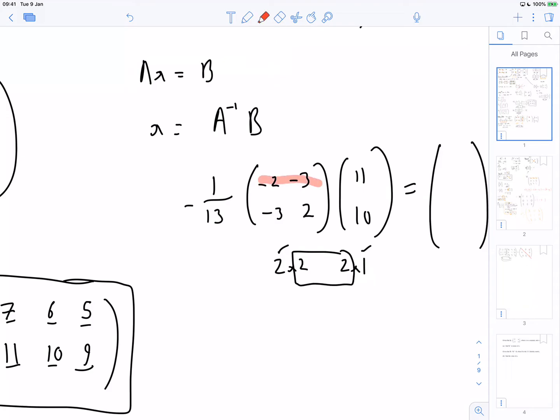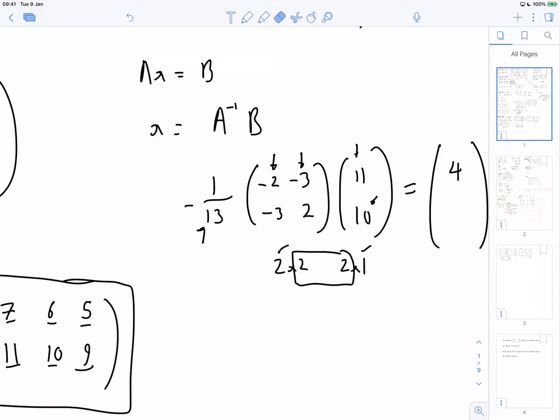So first row, first column. I've got minus 2 times 11, which is minus 22, plus minus 3 times 10, which is minus 30. So minus 22 minus 30 is minus 52. So I'm going to have a minus 52 here. But I'm dividing by minus 13, and minus 52 divided by minus 13 is going to give positive 4.